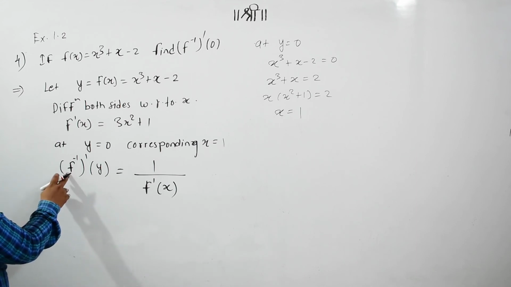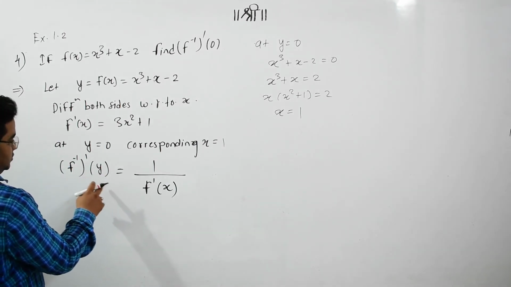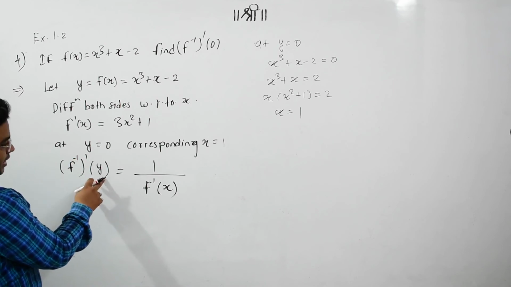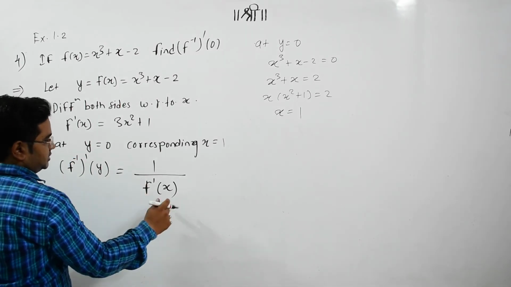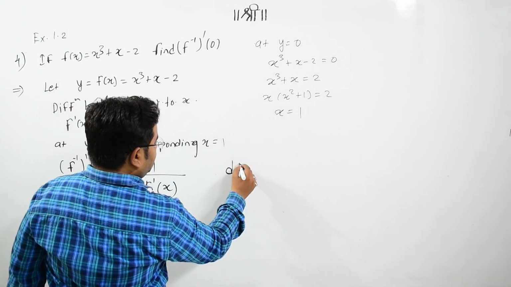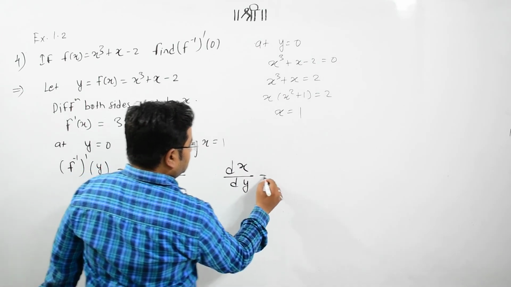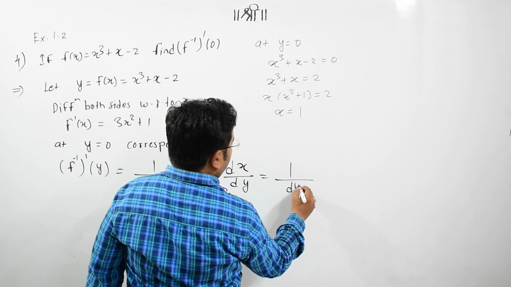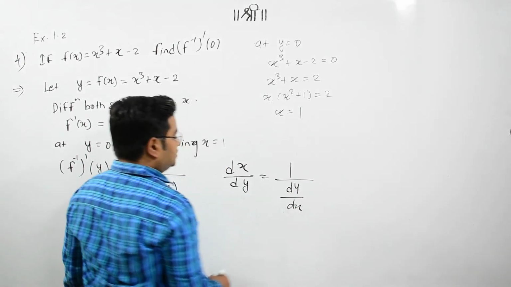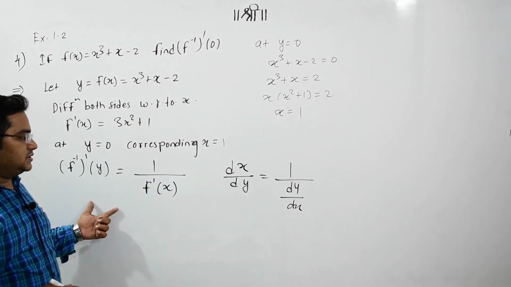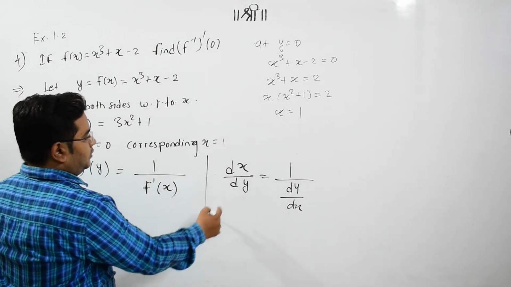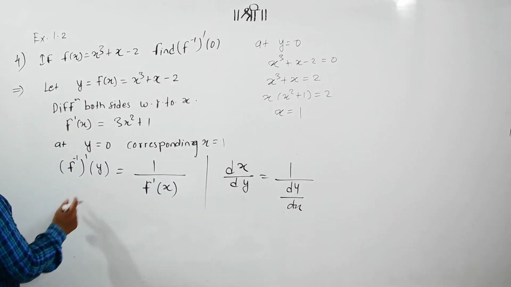So, this is nothing but dx upon dy is equal to 1 upon dy upon dx. Okay. So, these two equations are similar. We are not using this equation, we are using this equation.